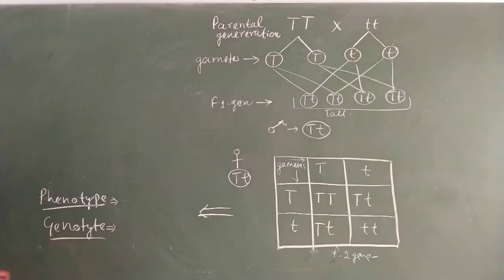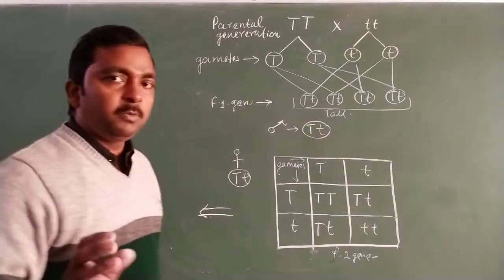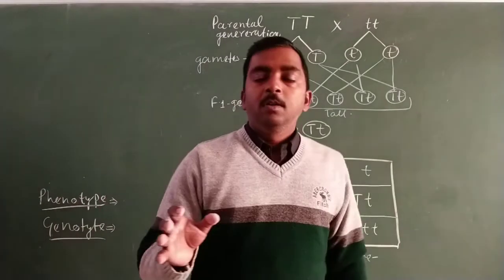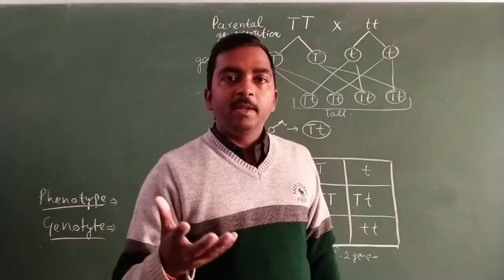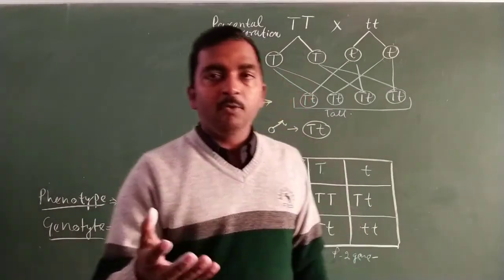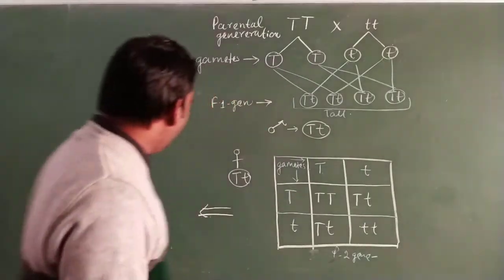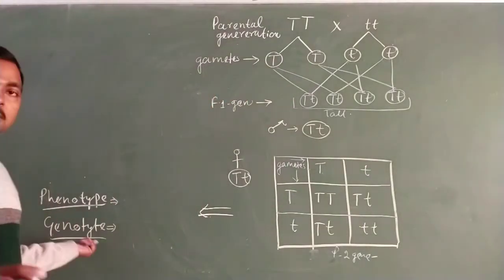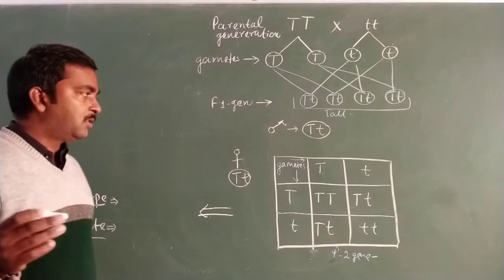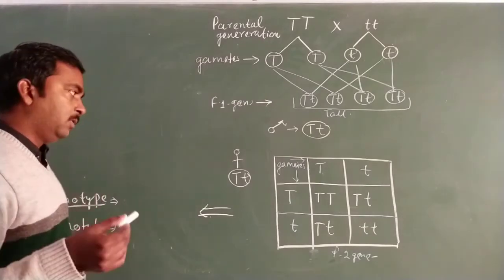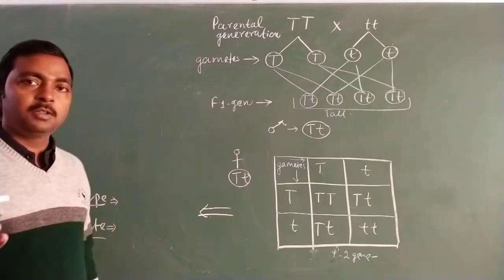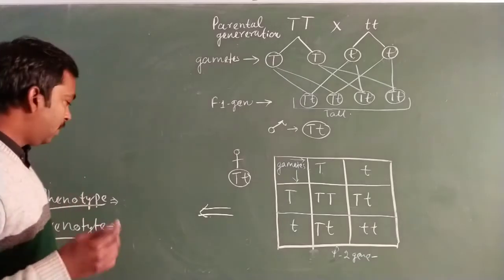The phenotype is the physical appearance of a particular gene, while the genotype is the genetic appearance, that means the gene appearance of the particular characteristics or particular traits.